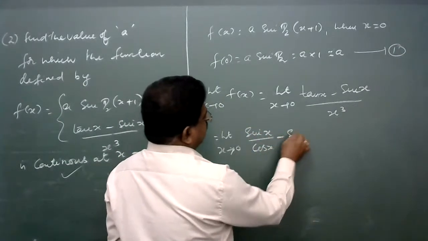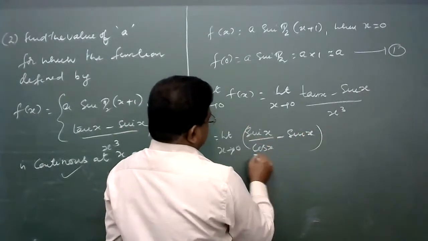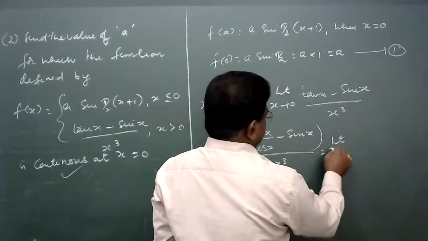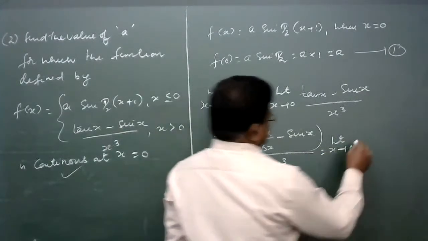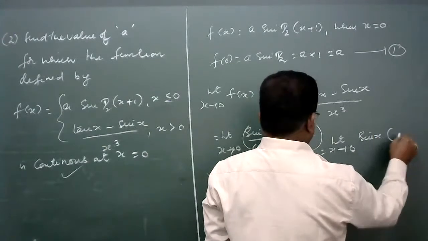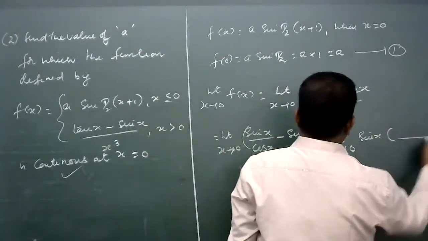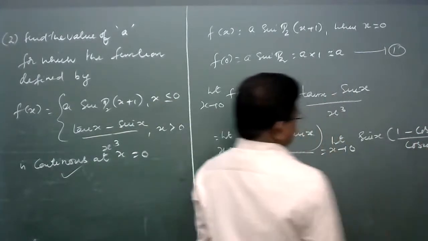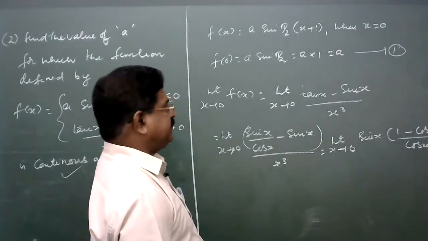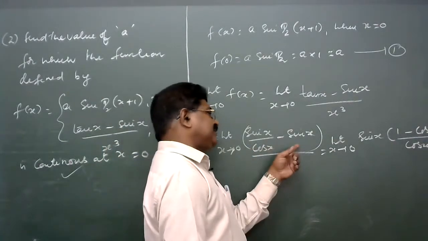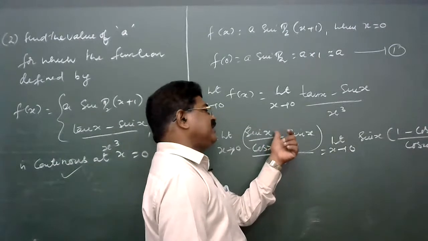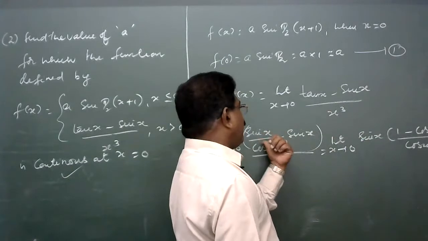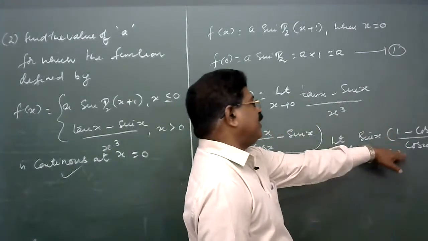Simplify, and minus sin x, the whole upon x to the power 3. So this is equal to limit x tends to 0. I can take sin x outside, and the LCM is cos x. So sin x minus sin x into cos x. I have taken sin x outside, then 1 minus cos x, the whole upon x.